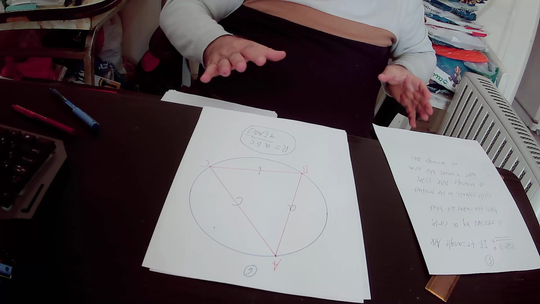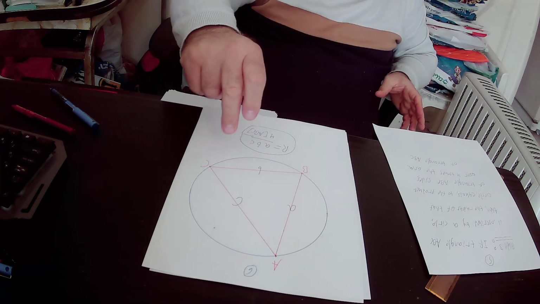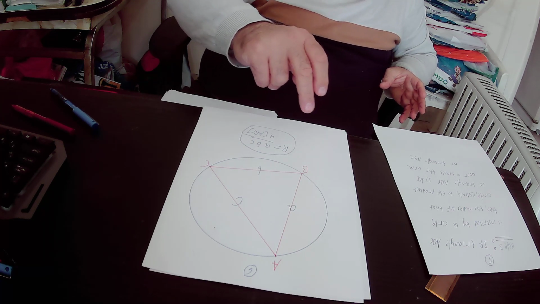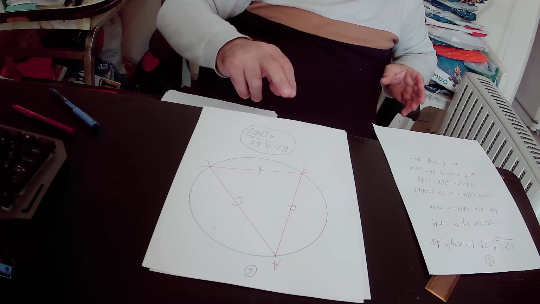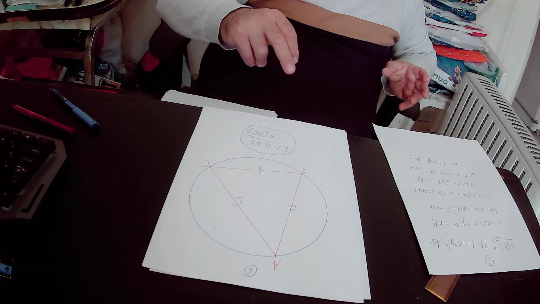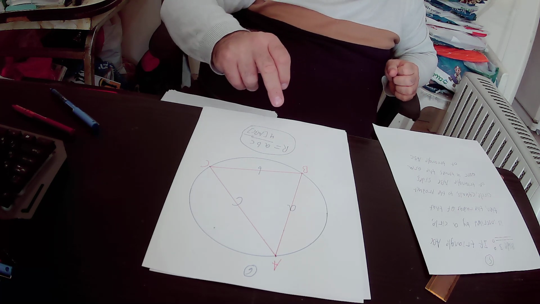So whenever you have a triangle that is inscribed by a circle, you can find the radius of the circle that circumscribes that triangle according to this formula: capital R will be equal to ABC, the product of the triangle's sides, over 4 times the area of the triangle.